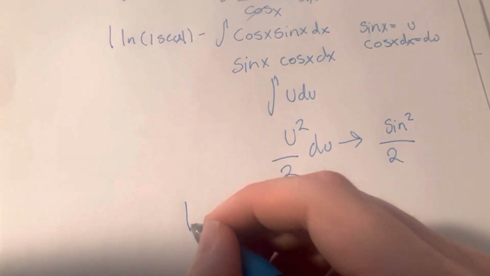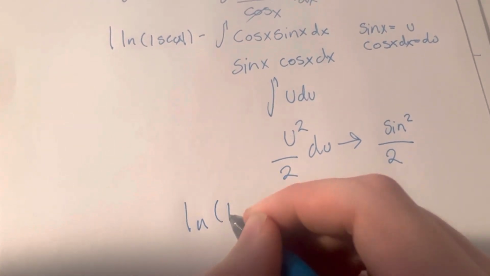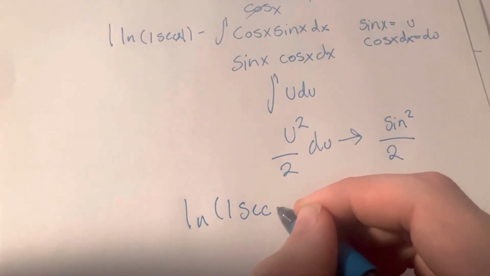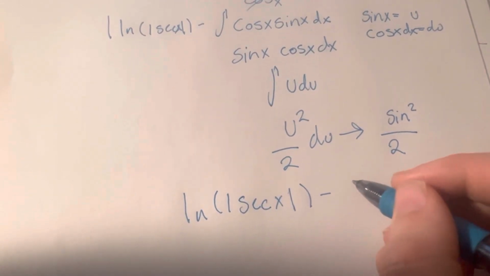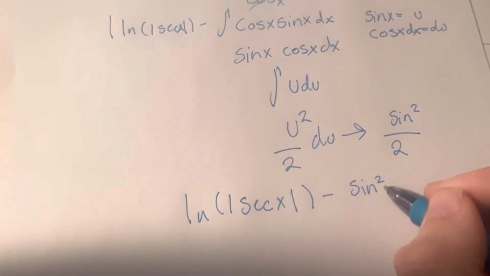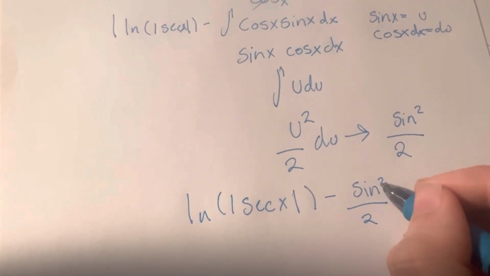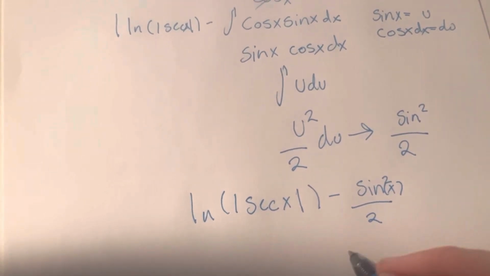Then we can solve this as ln of secant x minus sine squared x over 2.